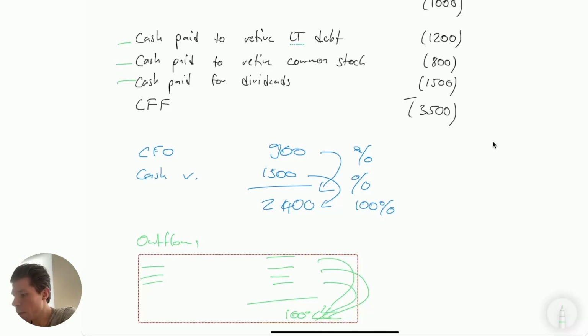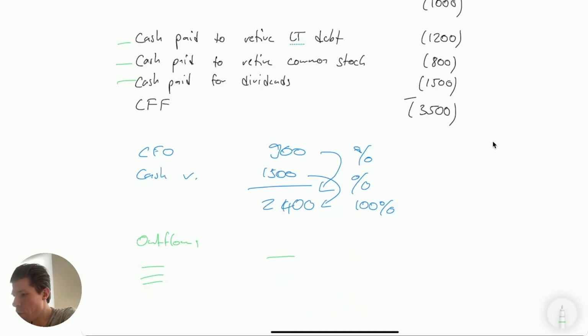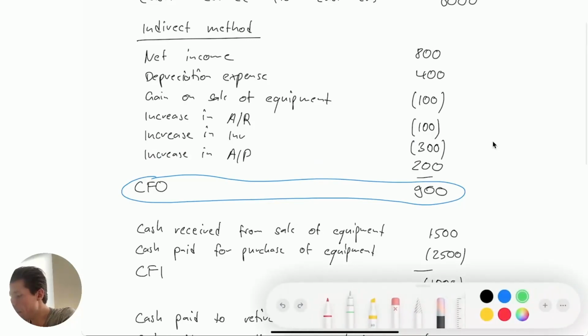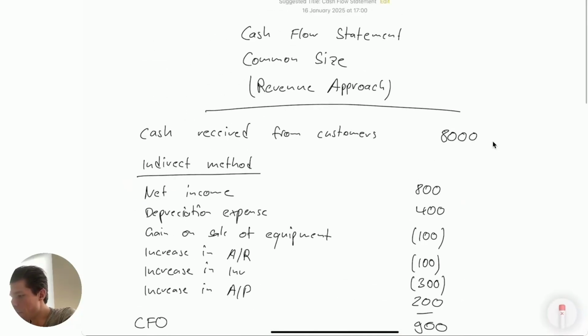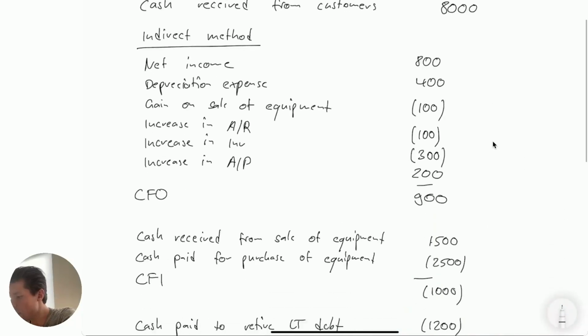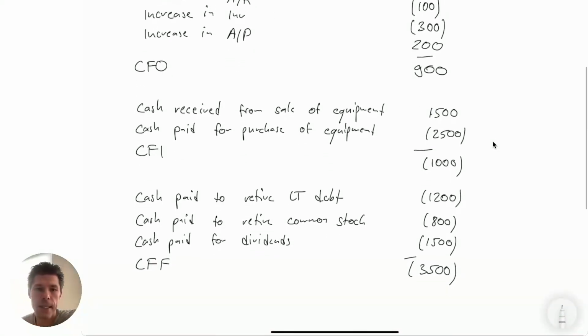What we do in the revenue approach is different. We are not stating each line item as a percentage of inflow or outflow. We are expressing every single line item as a percentage of net revenue. Sometimes there's a bit of confusion, and I think even the CFA Institute, from my perspective, doesn't do a good job here.